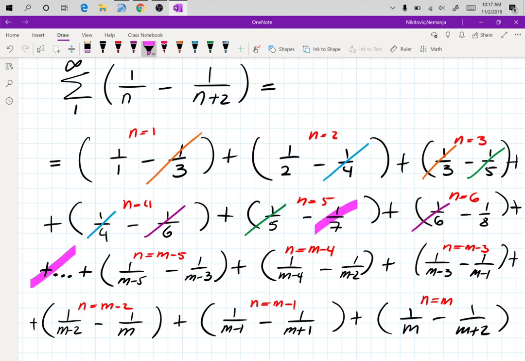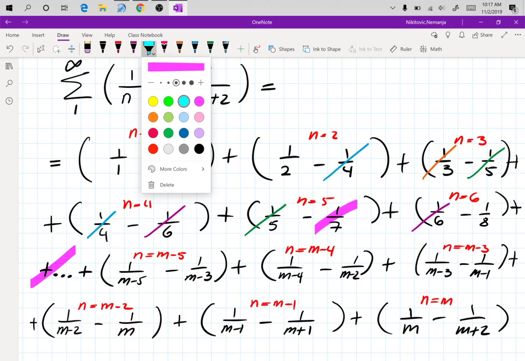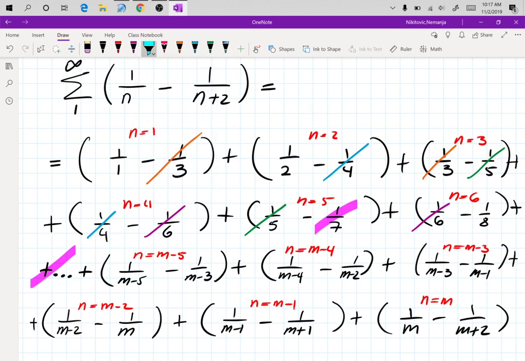Wouldn't that 1/7 be in the next one and I didn't write it? Well, I can't write them all. So the 1/7 term would cancel in there, and I'm going to use a different color. Let's go with this neurotic blue. That would cancel in there. Do we see that we canceled all of the terms? What are the only two terms that are left?